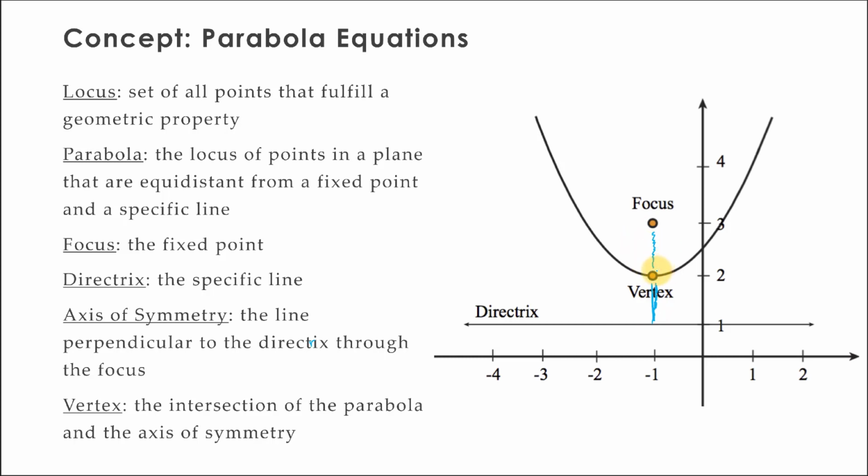Actually, every point on this parabola has the same distance from the focus as it does to the directrix. It's hard to draw to scale, but that is the definition of our parabola. That distance is the same.